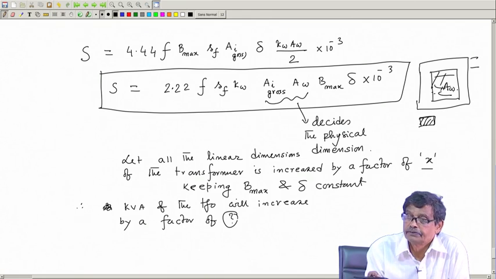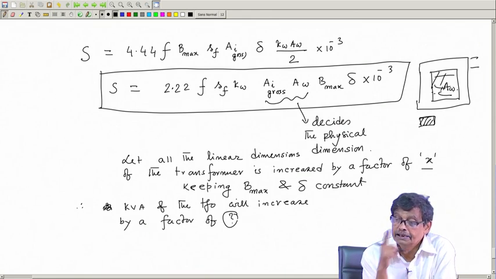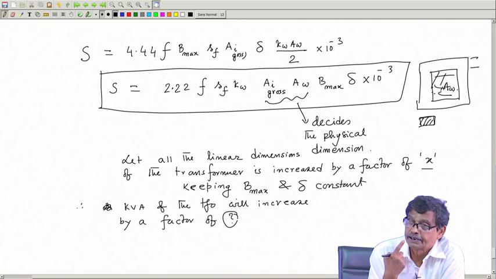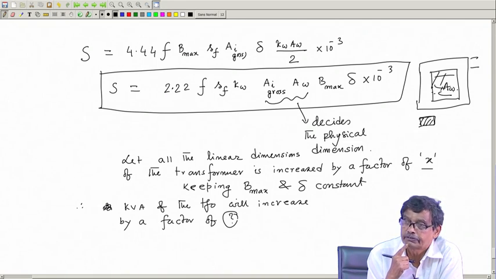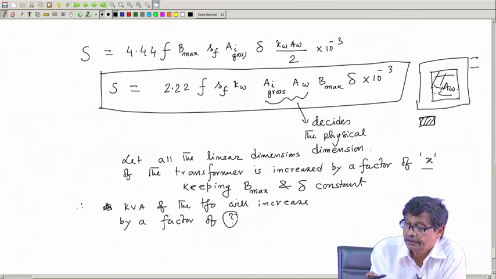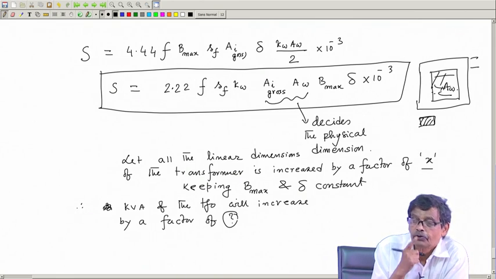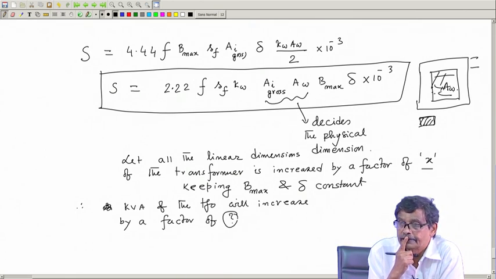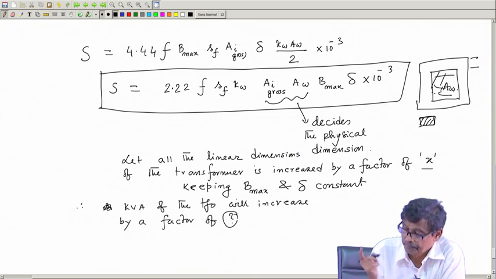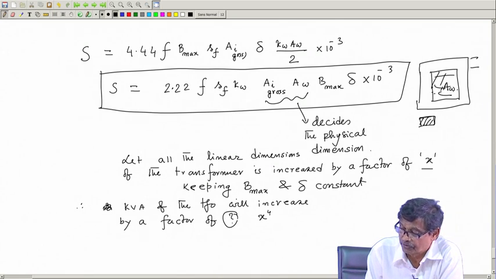Look at this equation. Linear dimensions have been increased by a factor of x. So, areas will be increased by a factor of x square. There are two areas, this area will increase by a factor of x square, this also will increase by a factor of x square. So, your initial kVA was s, so it will become x to the power 4 into s. Is it not? So, it will be increased by a factor of x to the power 4.